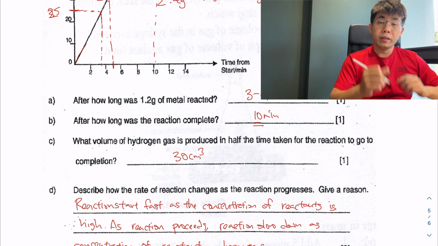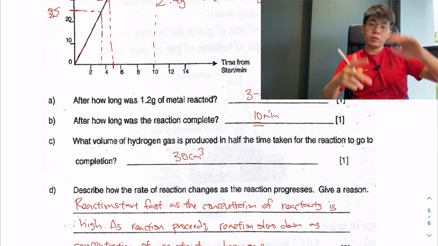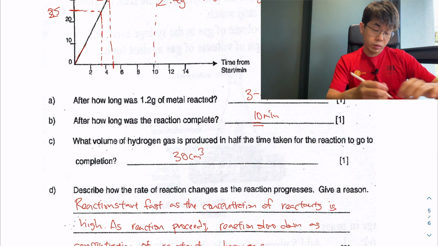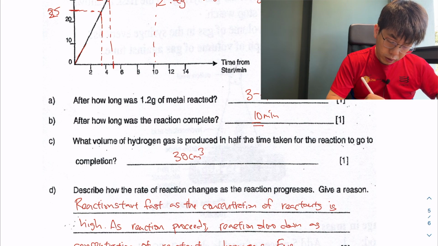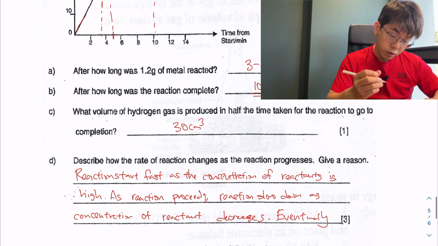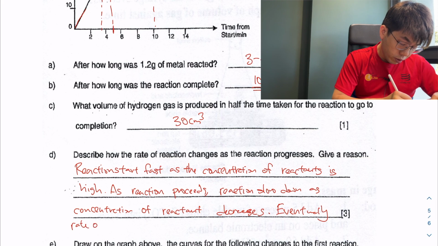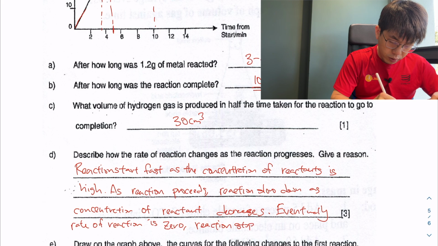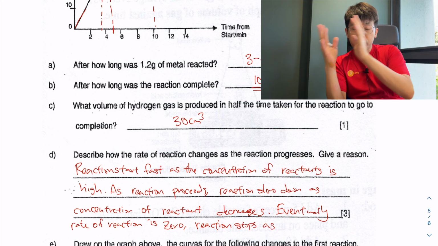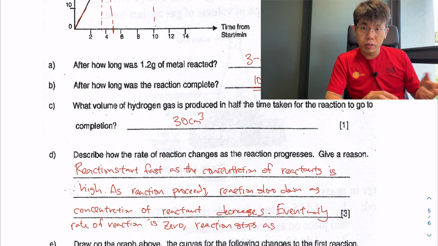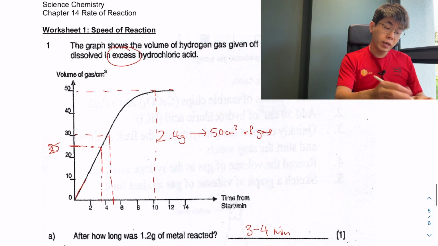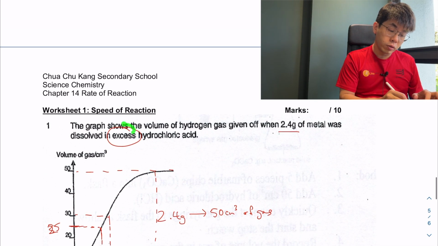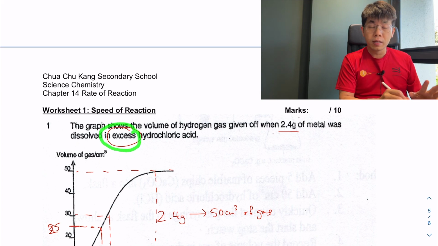Now I've explained it started fast, then it slows down. Now I need to explain when it stops. Eventually, the rate of reaction is 0. The reaction stops as one of the reactants is used up. We need to determine which reactant is used up, which is why it's important to circle which one is in excess.